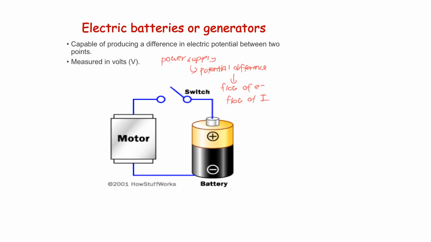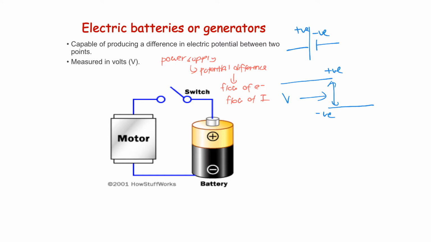A battery consists of two terminals, positive and negative. Imagine the battery has two levels, the positive one higher than the negative one, and the difference between these two we call the potential difference.